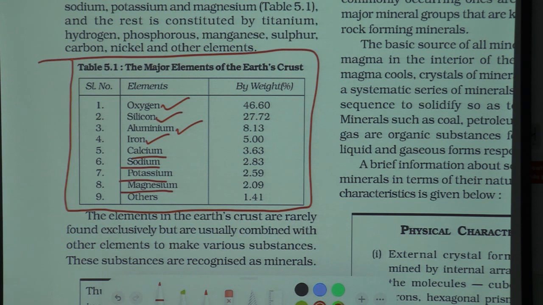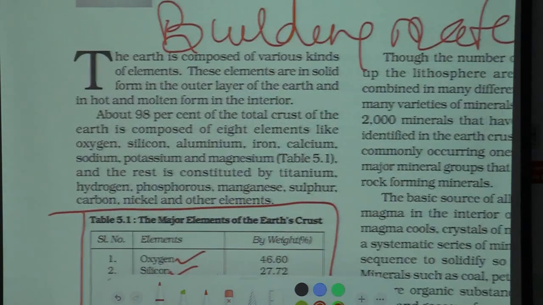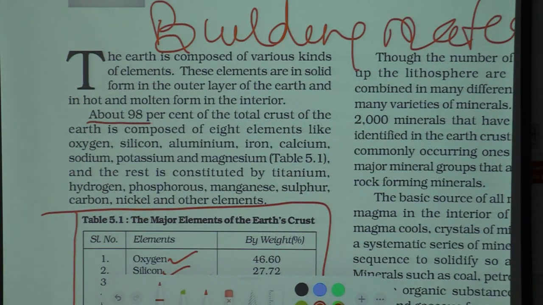If you correlate this with the content matter of your complete syllabus, I am talking about the building material of lithospheric strata, and it goes very prominently with 8 elements. Very important, about 98% of Earth's total crust is composed of 8 elements, and I have already highlighted them.